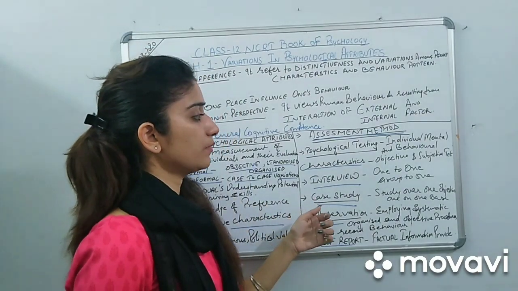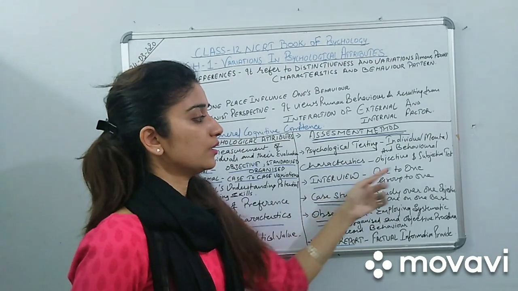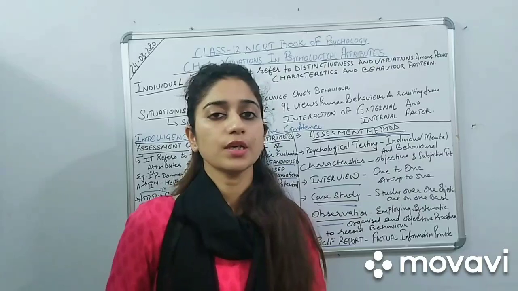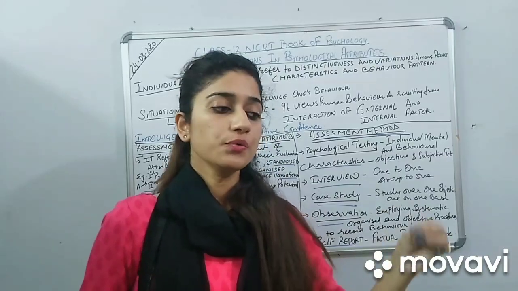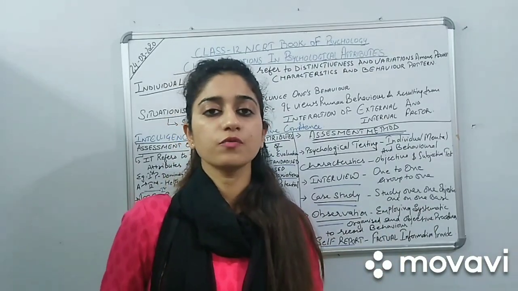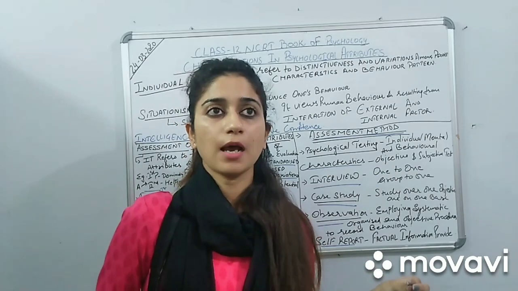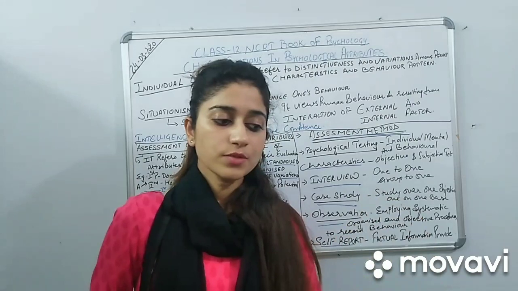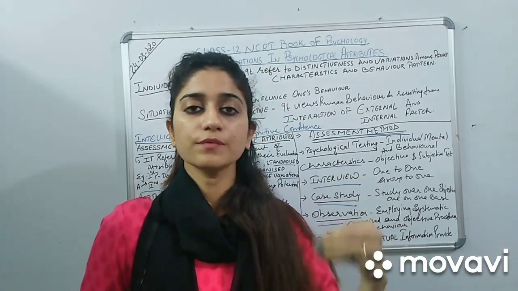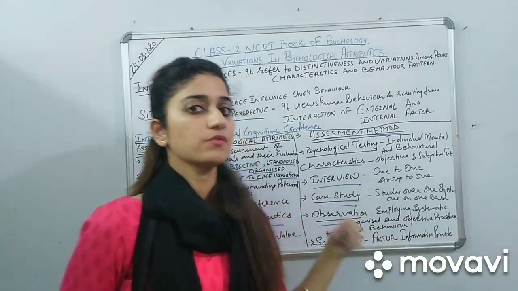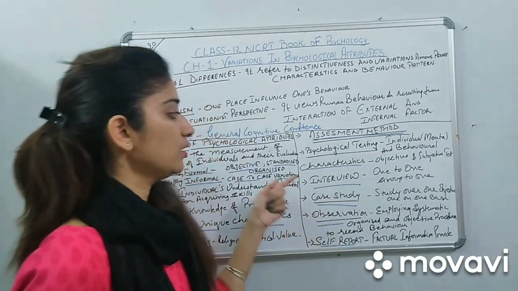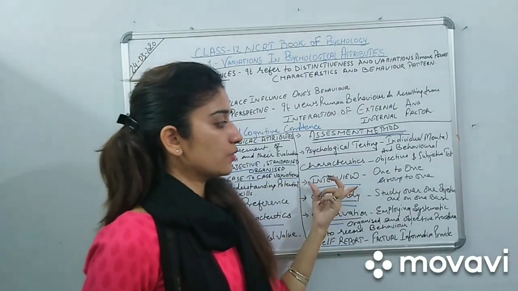Subjective types, objective types, which we can find out by doing these things. For example, you have a Bhatia battery. That is objective. There you will do it physically, and the test will tell you the result of your intelligence level.